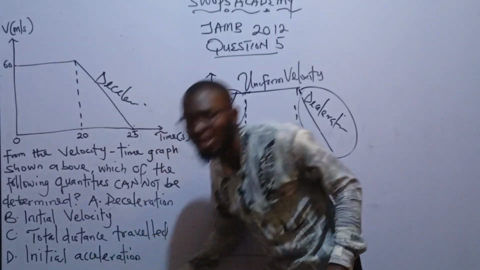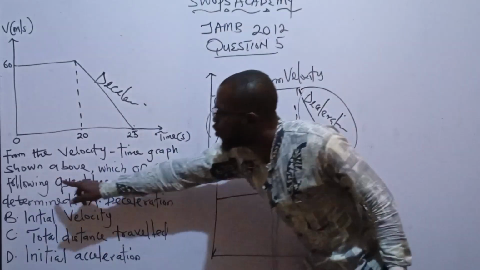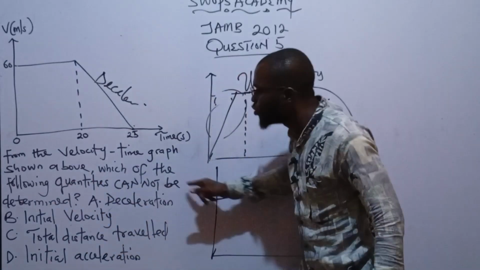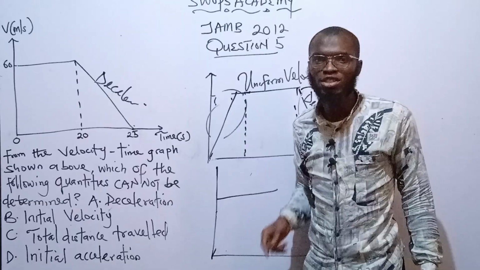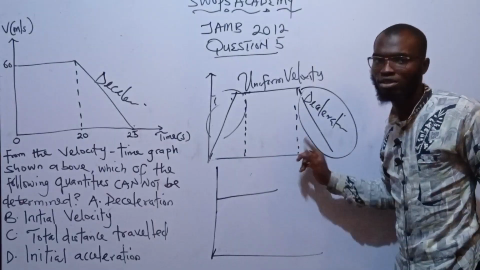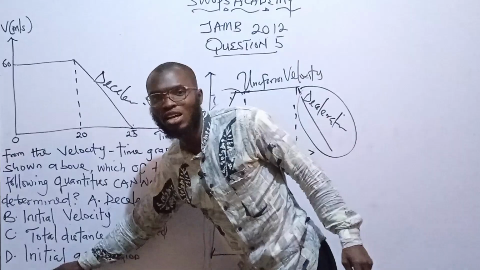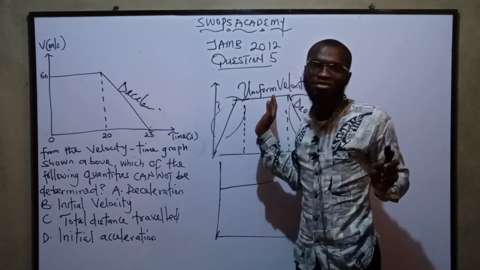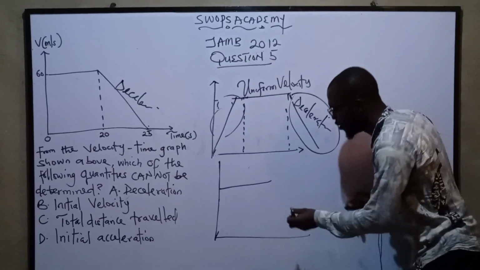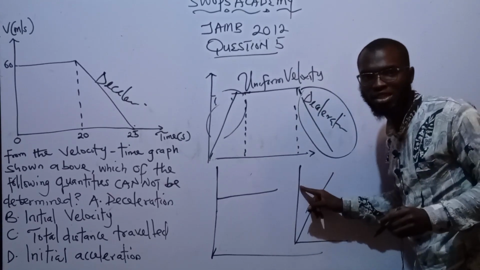Then initial acceleration. The question comes: which one will it be? Which of the following quantities cannot be determined as far as this graph is concerned? Based on what I've just explained, you will know what the answer is. D should be the answer, initial acceleration. I told you that for a body to accelerate, it must move like this, then we can get an acceleration.